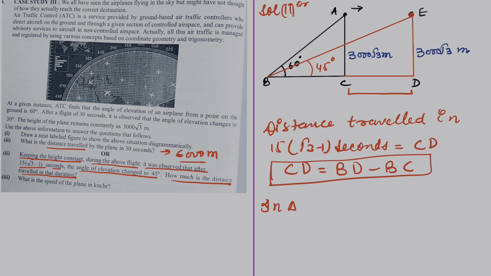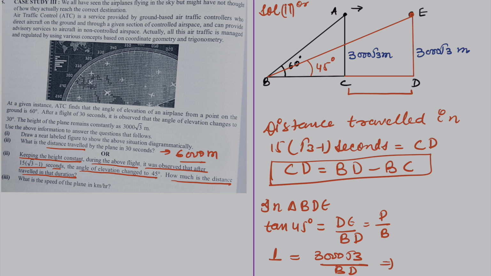In triangle BDE, using tan 45 degrees equals DE upon BD, because this is perpendicular and this is base. So tan 45 is 1, DE is 3000 root 3 upon BD. From here we get BD equals 3000 root 3 meters.